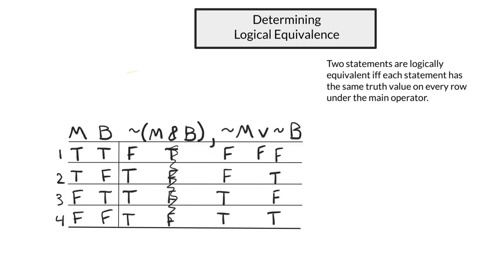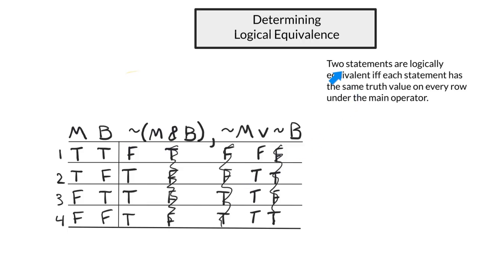And then all other times it's true, because it's only false when both disjuncts are false. So I'm going to scratch out those so I don't confuse what we're looking at in terms of the main operator, which in this case, again, is the disjunction under the wedge.